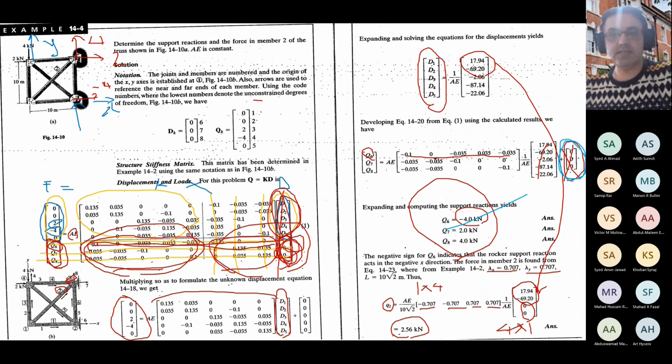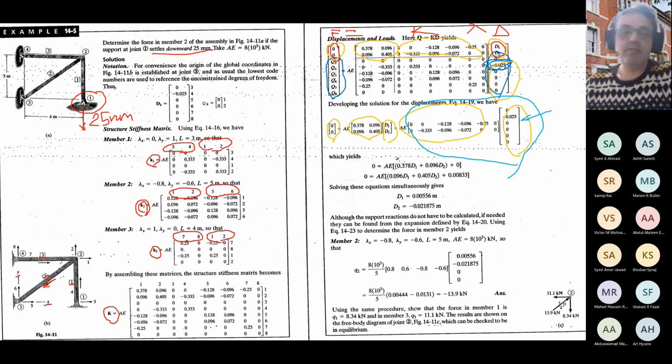But he insisted on writing this part intentionally to say that it is here, but it is zero. But when we have some support settlements, it is here, but it can be non-zero. So the support settlement is here.